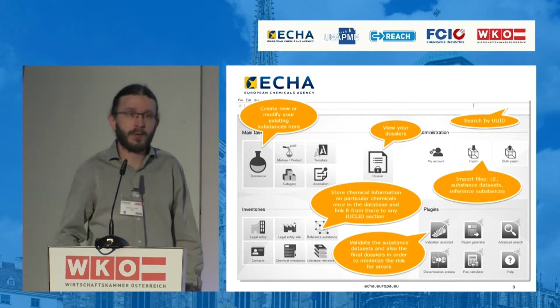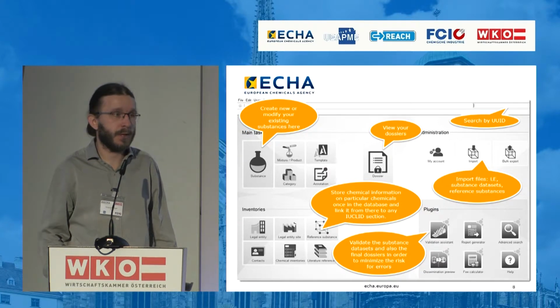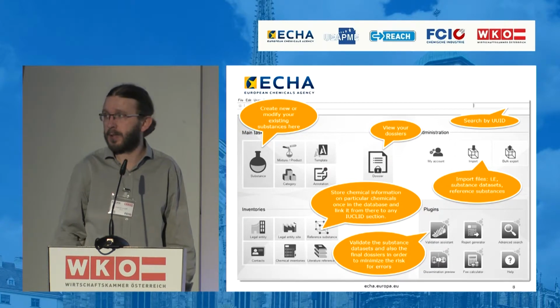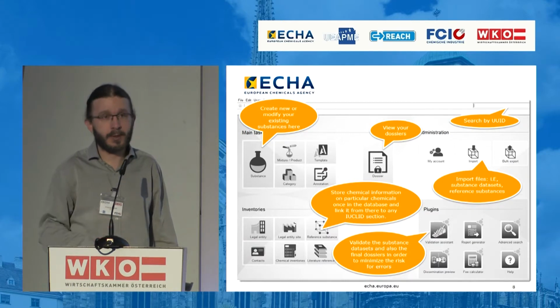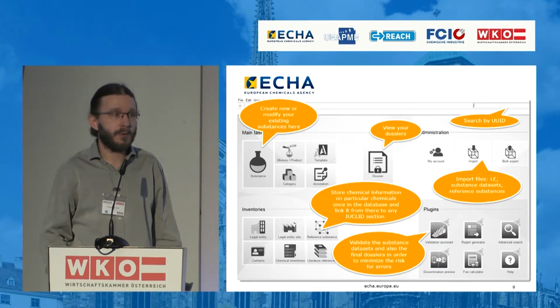We also have a series of plugins or additional tools that are used to work on top of the data you have entered in the database. The first one is the validation assistant. It's exactly the same tool as the one we use in ECHA to check the completeness of your dossiers.